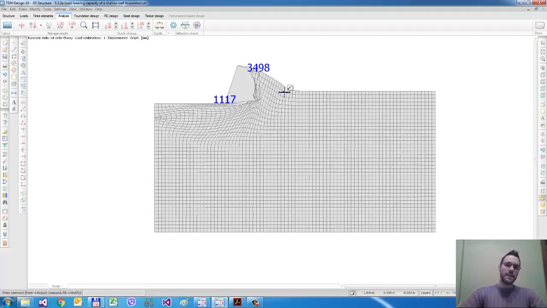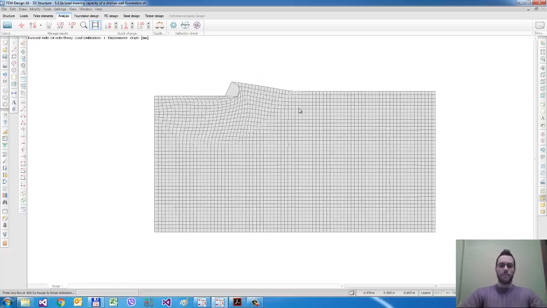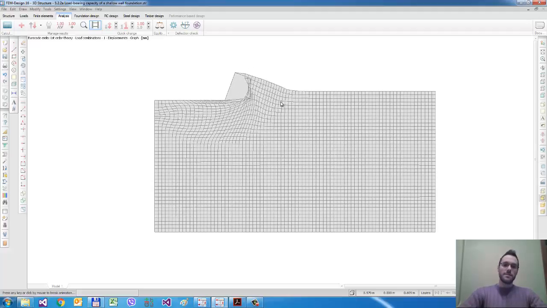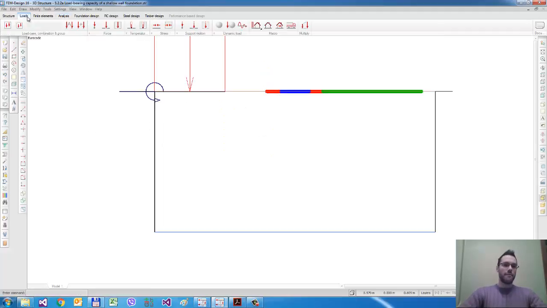If I make an animation of this displacement figure, you can see that almost all of the soil has zero displacement, but around the slab there is a slip surface somewhere here, and based on this load level I can check it. The load level in this case was 12 kPa.